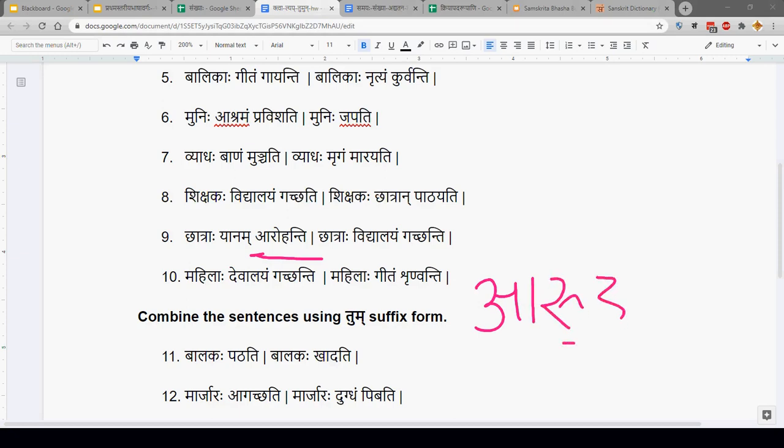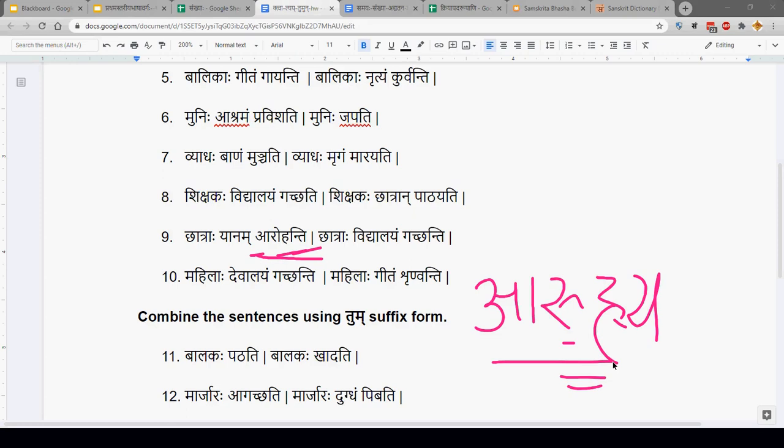Now ruha is the dhatu. The suffixes are added to the root form, the verb root form, not to the present tense form or the past tense form. That's why knowing the root will help, unless you actually know the final form.